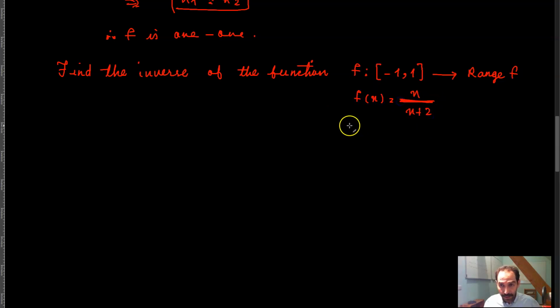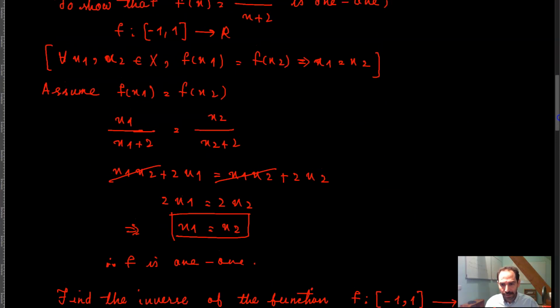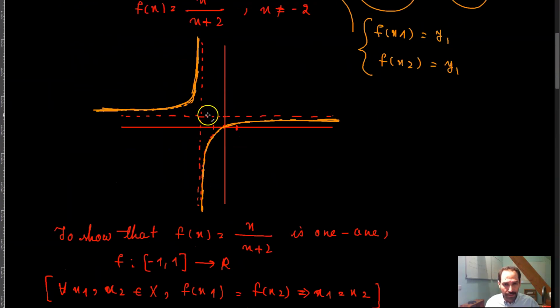Now, as we pay attention to this function, you can see that the function is of course 1-1. We have no problem with the function being 1-1 throughout the whole domain of the function. There is no problem with that.